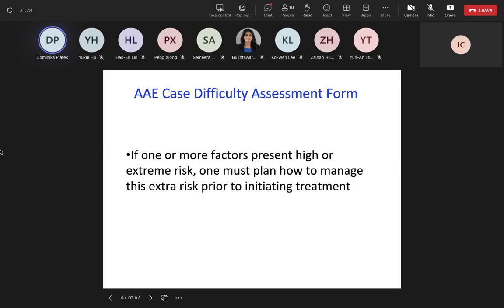If one or more factors present high or extreme risk, one must plan how to manage the extra risk prior to initiating treatment. So we have to be sure that if we start the treatment, we will be able to finish it properly.